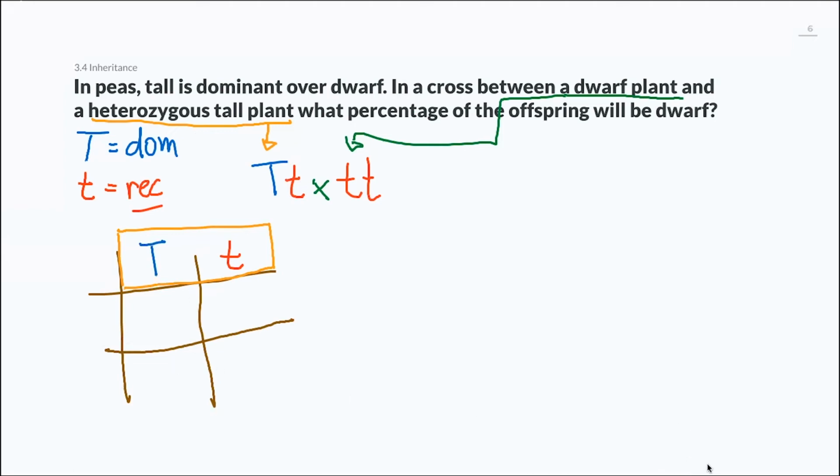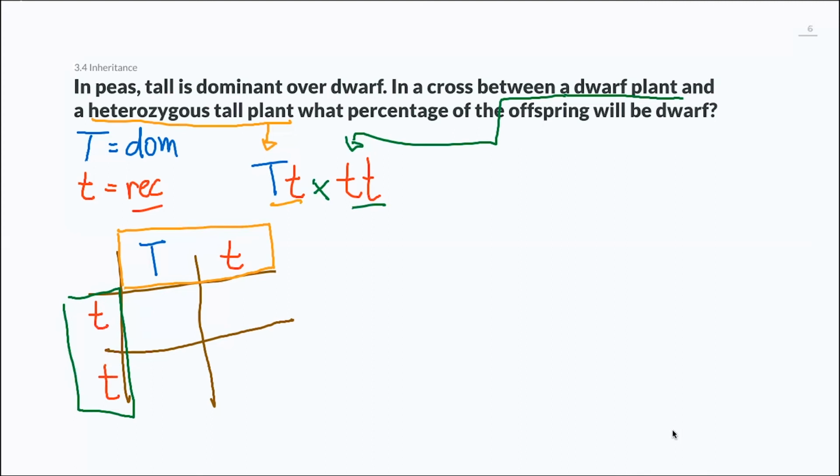So let's use, what color was it? Green, right? So let's use this side here for this guy. So we had one here and the other on the other side. And this guy can only give the small t, because that's the only thing they have. This plant only has the small allele.